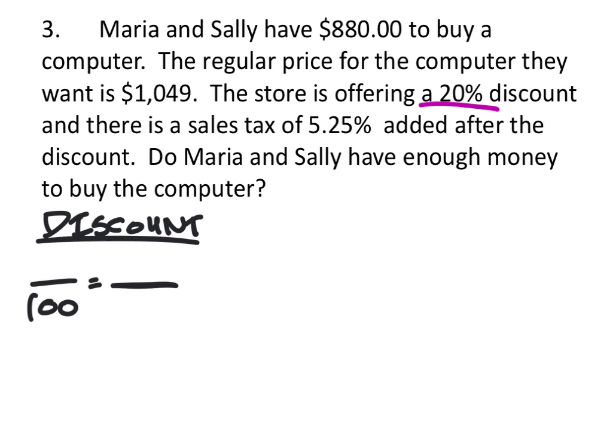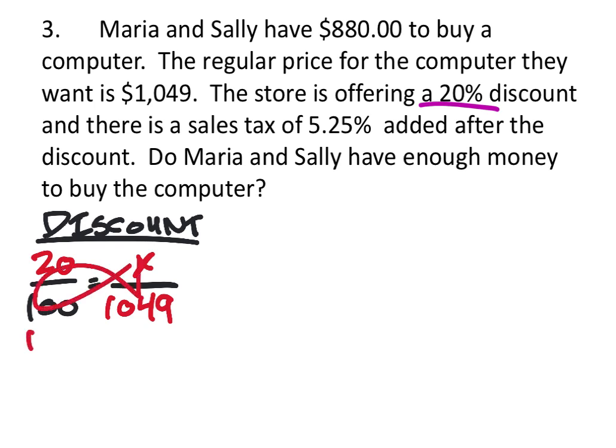Now it's 20% discount up there. So the 20% discount, that's going to come off of the price. So whatever I get as a result on this one, I'm going to subtract it off of the $1,049. Okay, but that's 20% off of $1,049 right there, which means we want to figure out how much that 20% is, which is only part of that total. So solving this one, once again, I'm going to use the fish method.